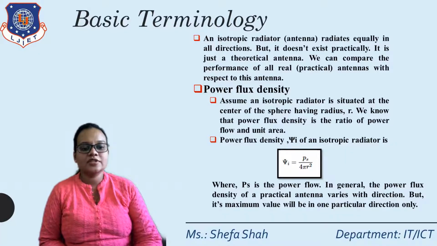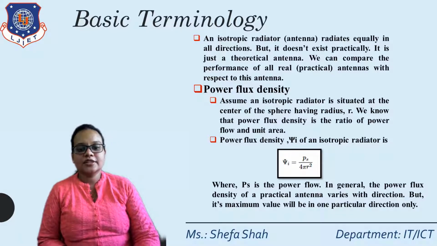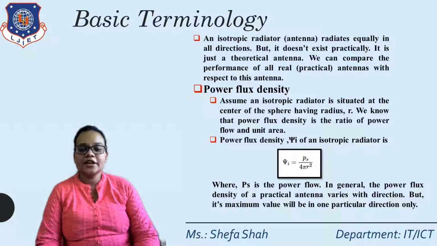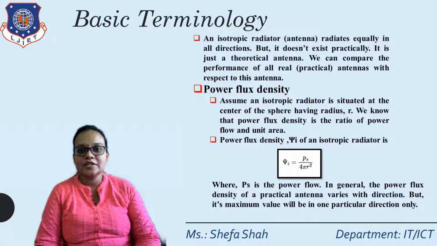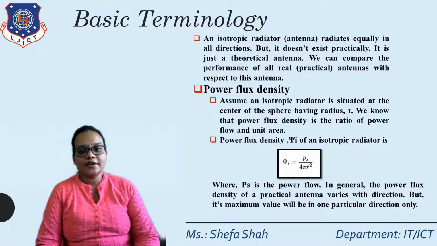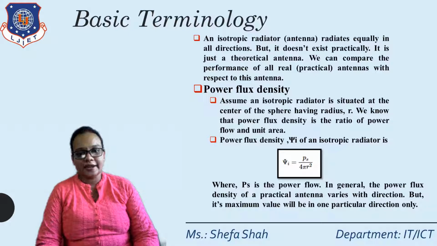As I said in the last session, in the basic terminology we talk about the isotropic source, but in the practical sense an isotropic source doesn't exist, and we have the directional antenna, in which the direction of the antenna for transmitting as well as receiving purposes is defined, right? So it is just a theoretical antenna. We can compare the performance of all real antennas with respect to this antenna, right?